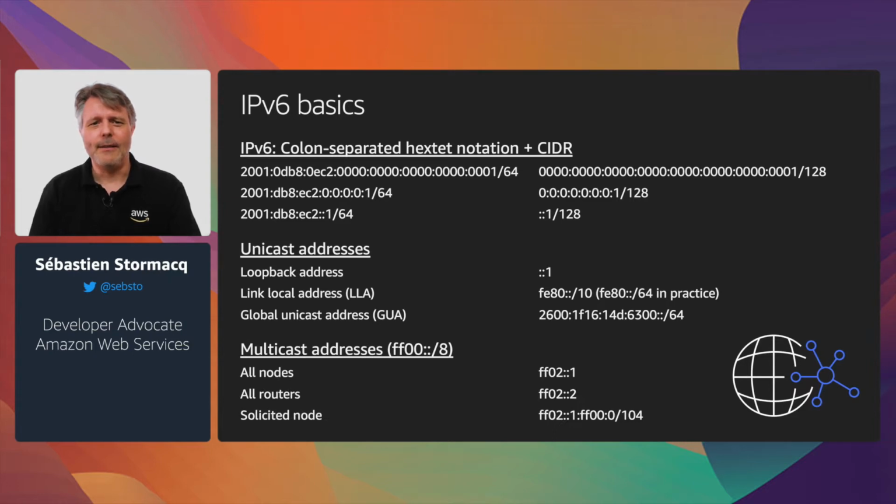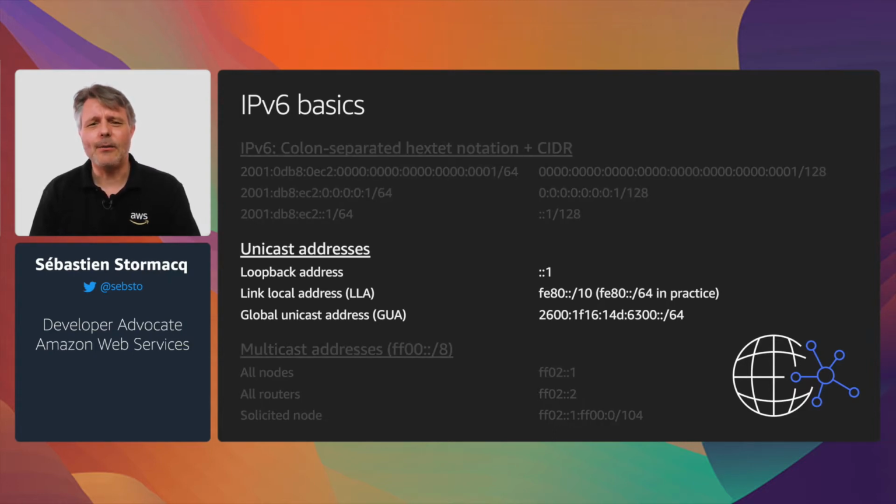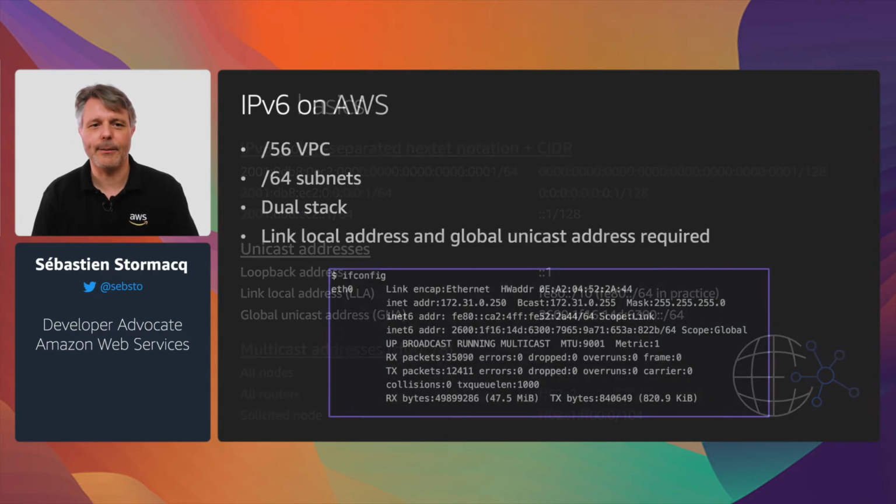There are 2 special addresses that you need to pay attention to: the link local address, LLA, which is the address attached to your network interface, and the global unicast address, which is the equivalent of a public IPv4. It's the public routable address for your network interface.